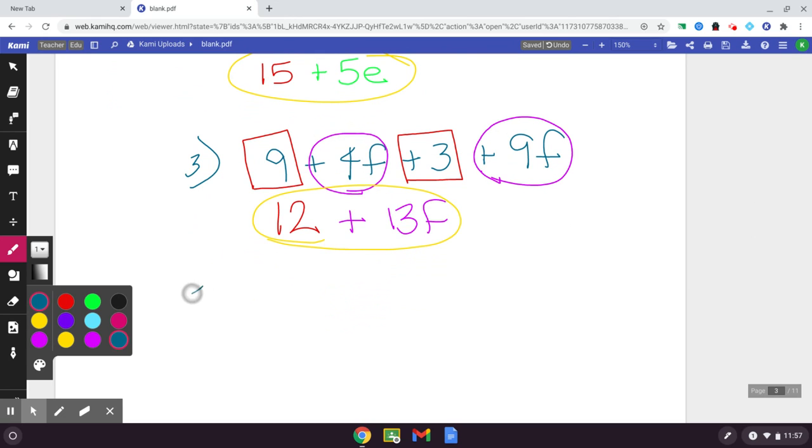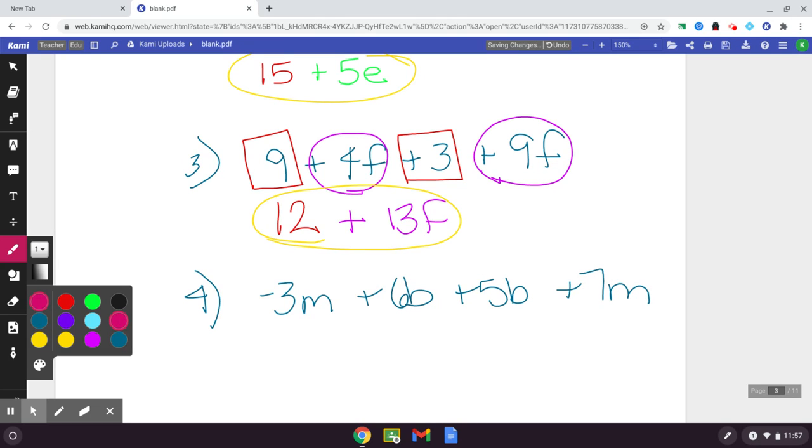Number 4. All right, again, let's see what our like terms are. So I have a term that has an m variable. Do I have any other terms with the m variable? Yes, right here. So the negative 7m and the negative 3m and positive 7m are like terms.